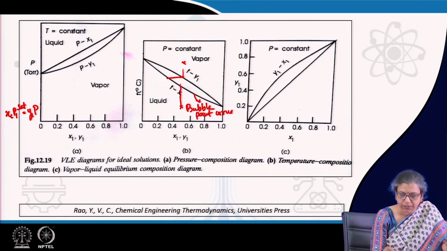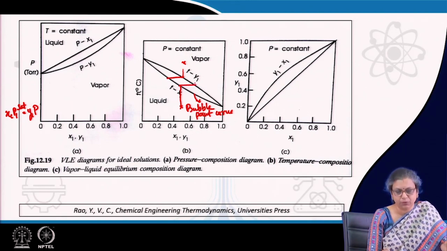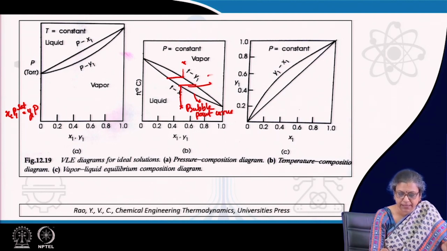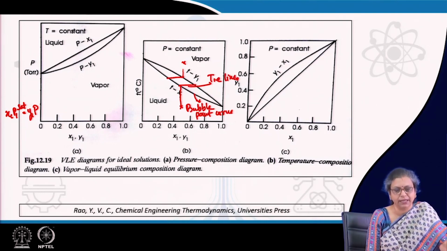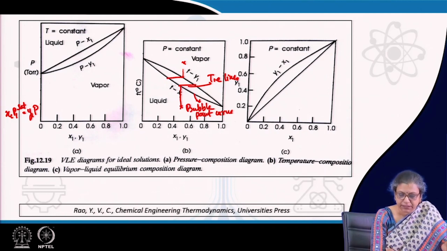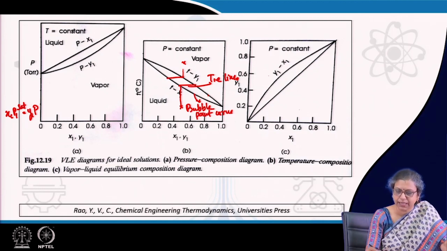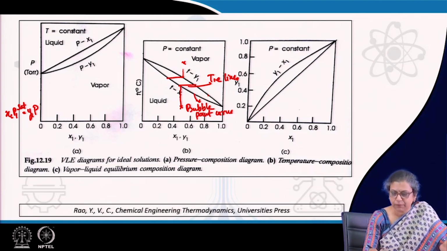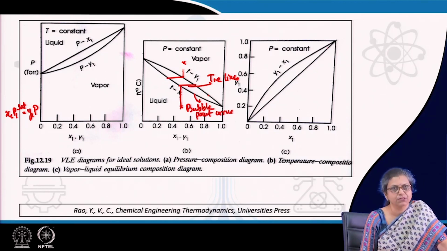Even from here, the vapor in equilibrium with this can be obtained from the equilibrium line. These lines, as you must have studied in thermodynamics, are known as tie lines. They correspond to the equilibrium compositions, and once plotted, we get a graph something of this sort.